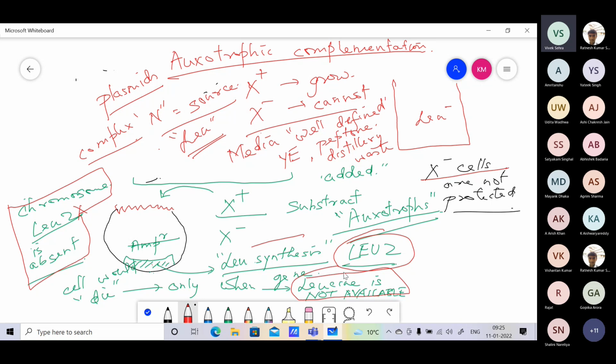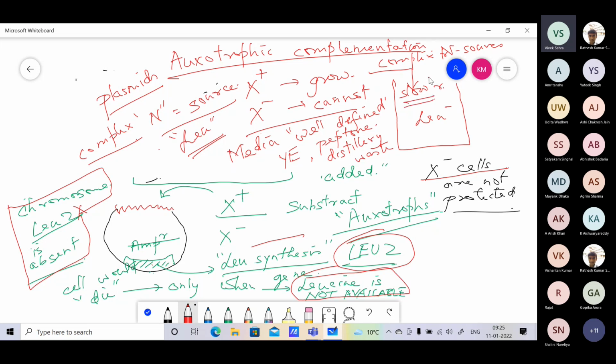So now this creates a serious problem, and there are very clever solutions where you add complex N sources at such a slow rate that at any given point the leucine concentration is very low.